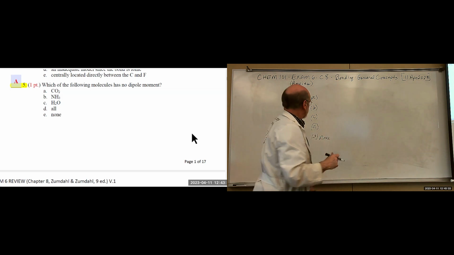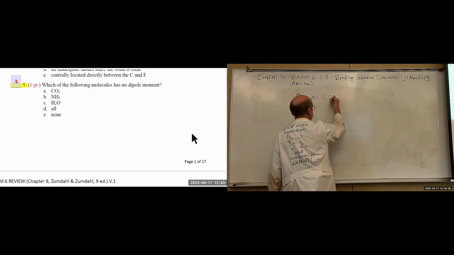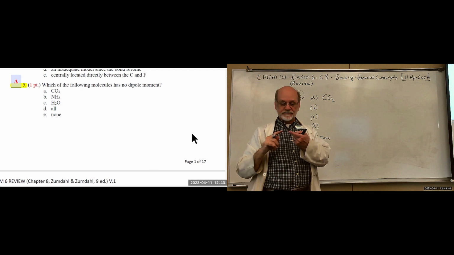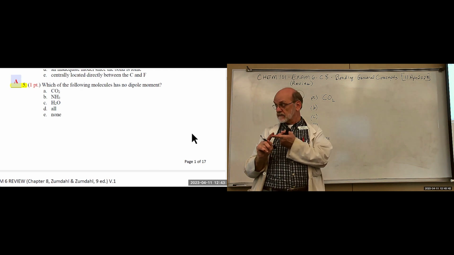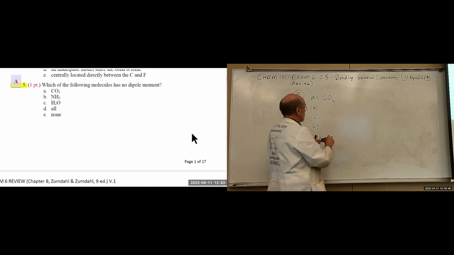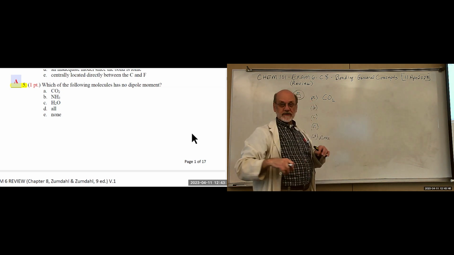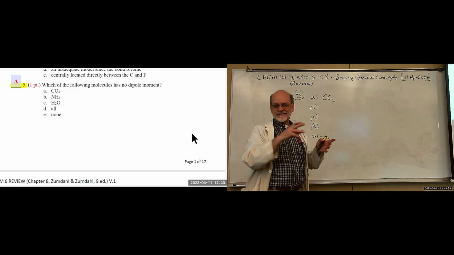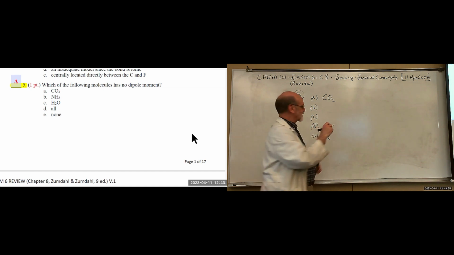Okay. Carbon dioxide. So what do you need to do to determine dipole moment? You need the polarity of the bonds and you need the geometry. So what do you have to do to get the geometry? Lewis dot structures. Okay.